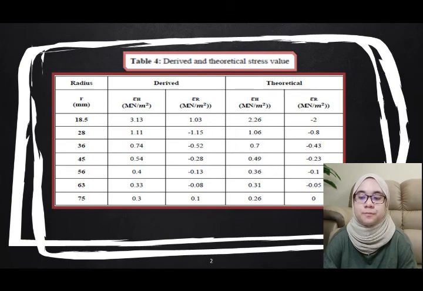For the theoretical hoop stress, we got 2.26 mega Newton per meter squared, while the radial stress is negative 2 mega Newton per meter squared.